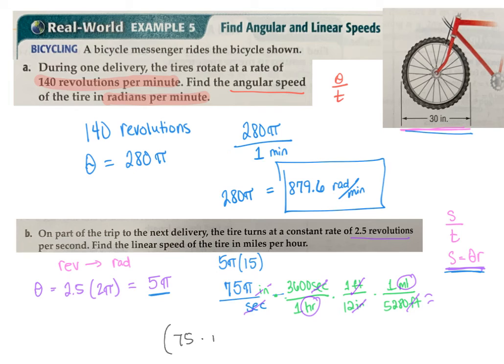How many miles per hour when you round to 1 decimal place would you get for this trip? 13.4. 13.4 miles per hour.